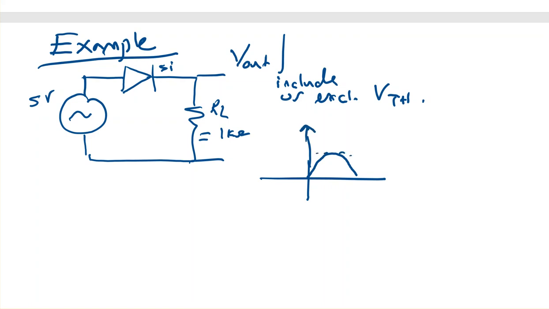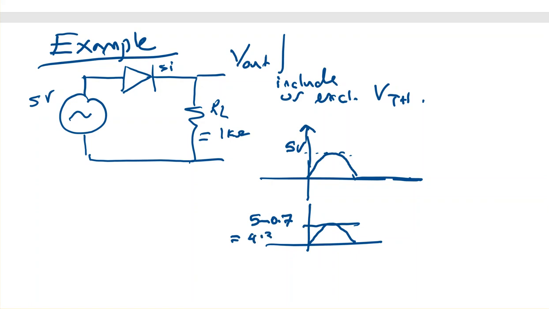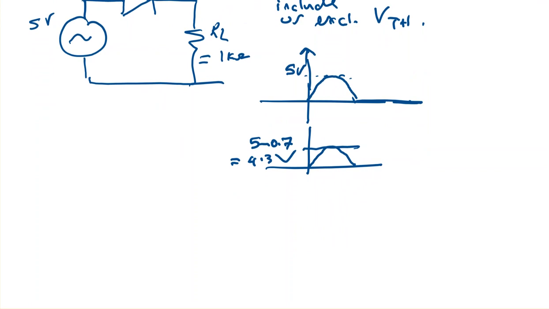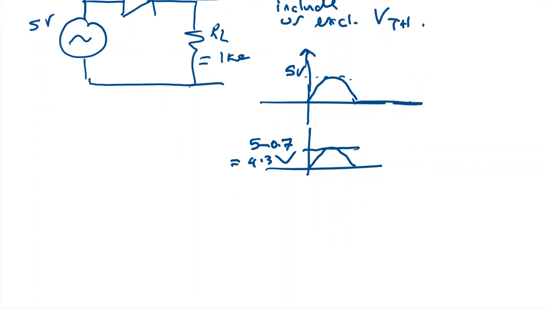So simply that will be your 5 volts, and then here you have 0. And if you include the threshold, it will look the same, but this will be 5 minus 0.7, which is 4.3 volts.